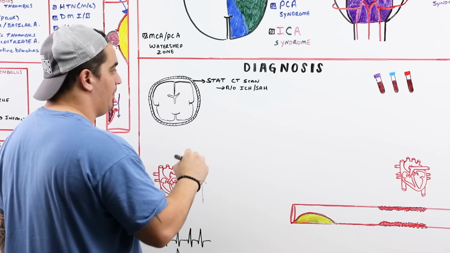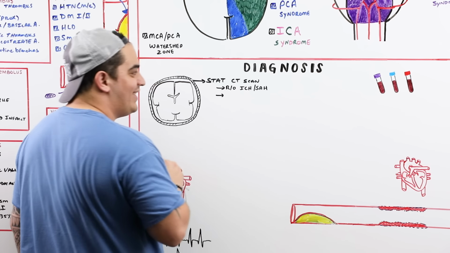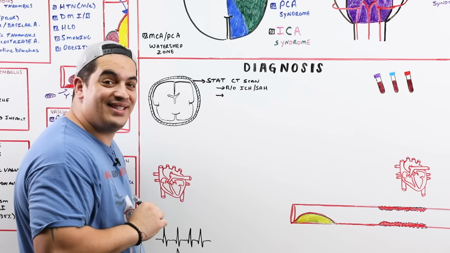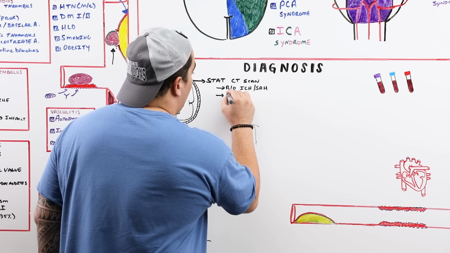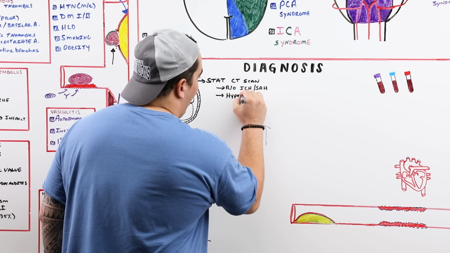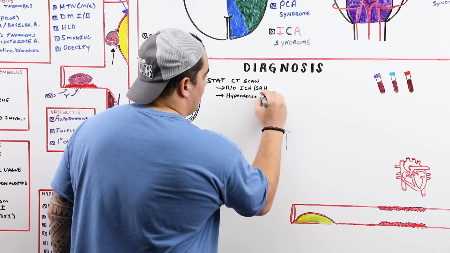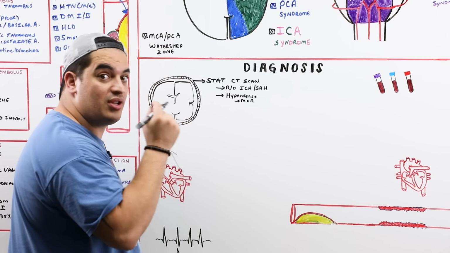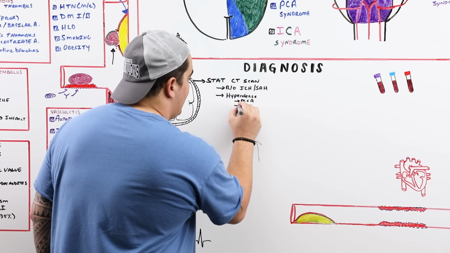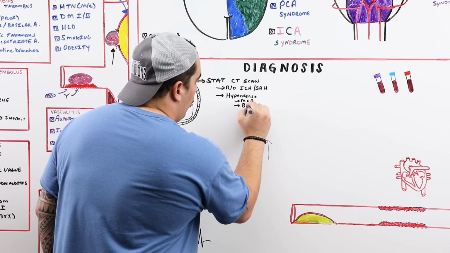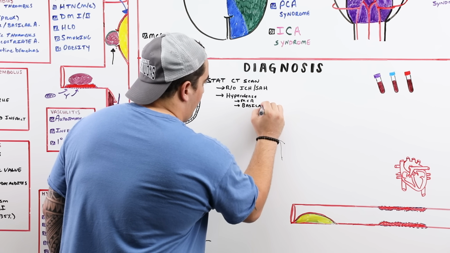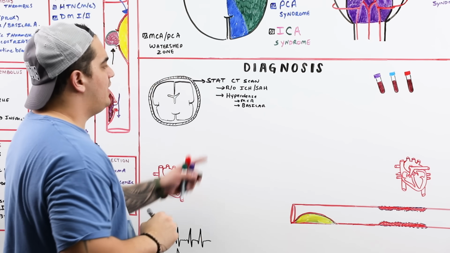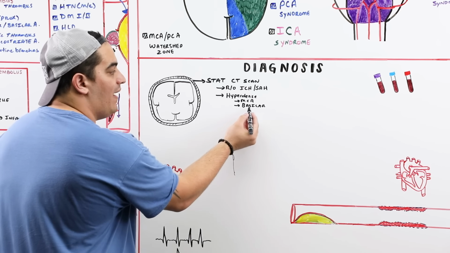The second thing is, if we do get the stat CT and you're good at reading CT scans, you may be able to pick up some things called hyperdense signs. These can show up as a hyperdense MCA, like a fresh clot that shows up bright on the CT scan within the MCA or within the basilar artery. Other things that you could look for, and again, this is for the vessels.